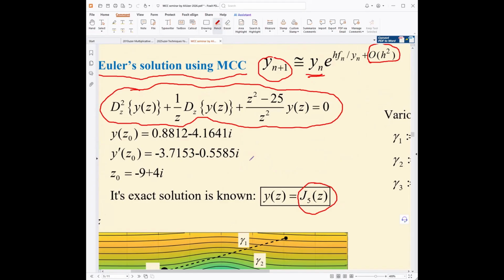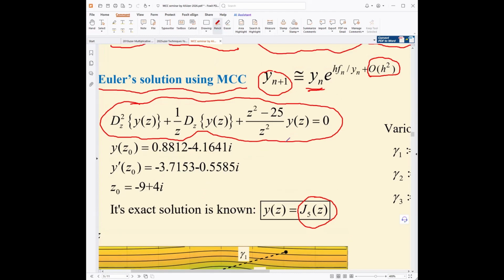And by using test initial values, I did calculations. I tried a numerical solution of this differential equation and compared with the exact solution of the problem.